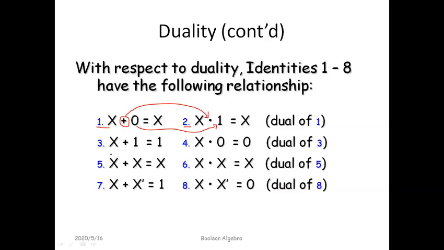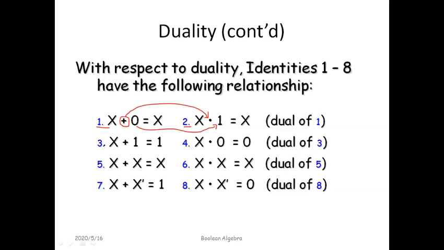Then we come to number 3. Number 3 is a similar case. So number 4 is the dual of 3. Equally, number 6 is the dual of 5, and number 8 is the dual of 7. Now let's see the relationship.